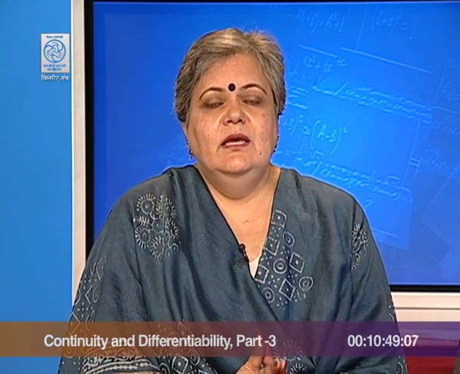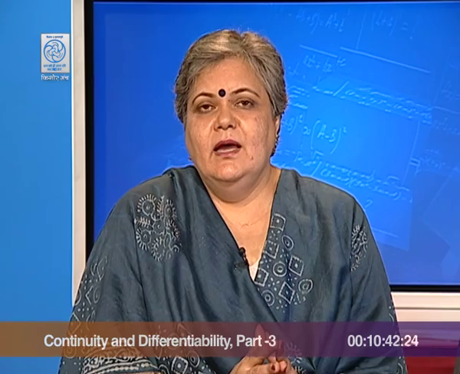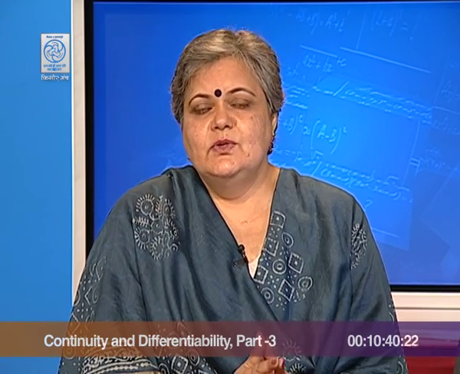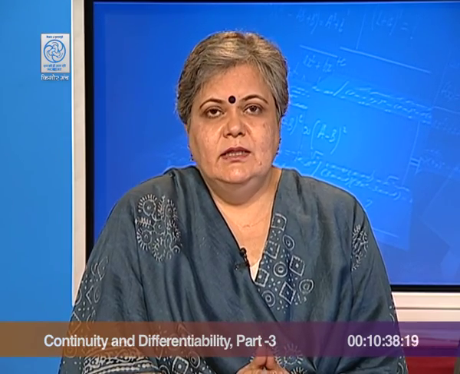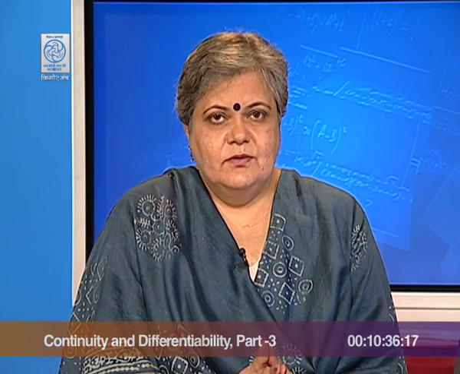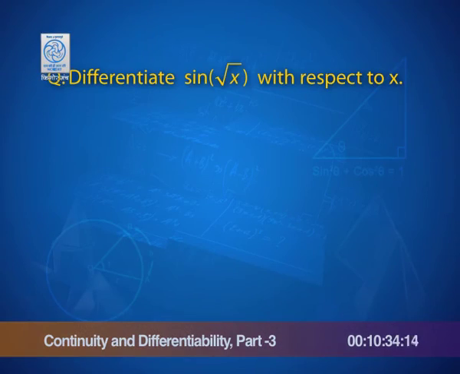Now, there is nothing that can replace actual application of the chain rule to get the hang of this rule. So, let us get down to applying this to our very first function. The question says: differentiate sine of root x with respect to x.